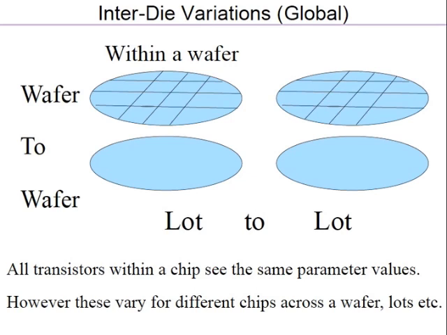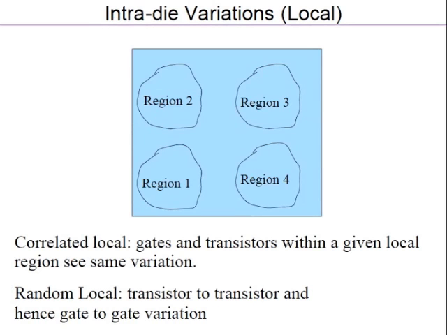When you expose to do patterning, pieces of the wafer are exposed to light and then it steps and so on. So maybe around the edges things may be a little different. There are a lot of physical mechanisms which cause changes in the way the transistors actually come out.